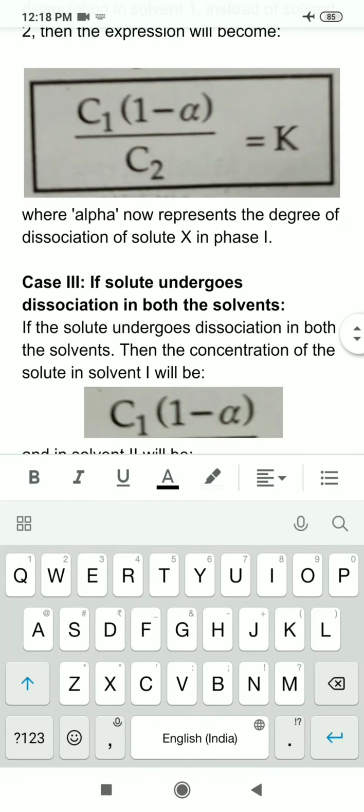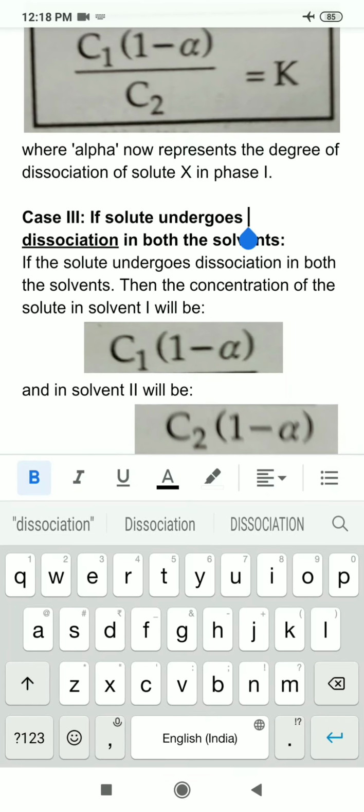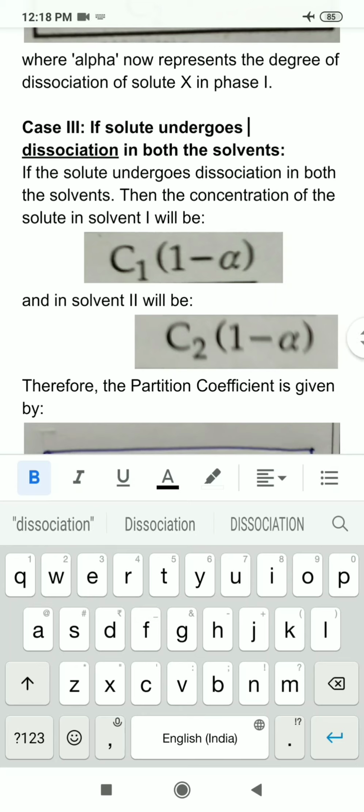Now I am coming to the third case. Case 3 is if solute undergoes dissociation in both of the solvents. Now if you understood the second case, the third case is one in which solute is undergoing dissociation in both the solvents.